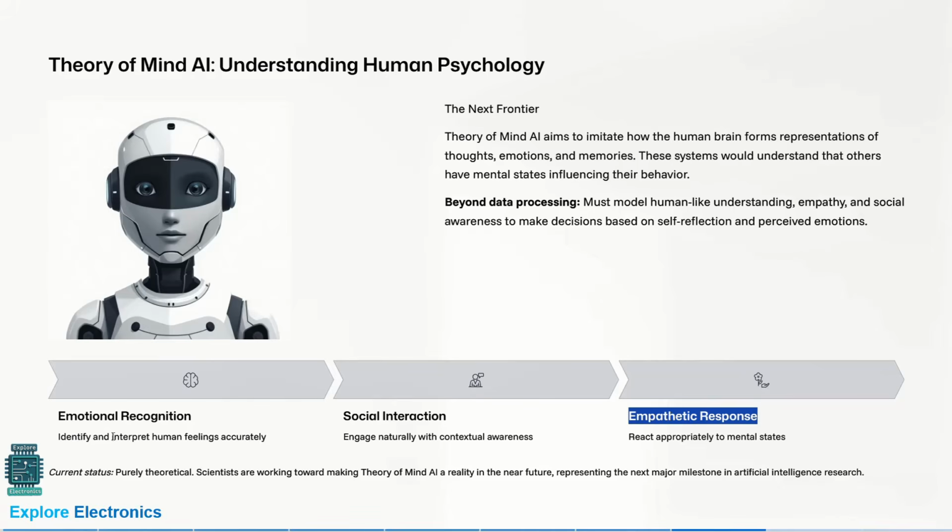It will identify and interpret human feelings accurately. It will understand whether a person is sad, arrogant, smiley, or happy, and it can take decisions. And social interaction means engaging naturally with contextual awareness of what is going on in the social platform, and it will react appropriately to the mental state of the human being.